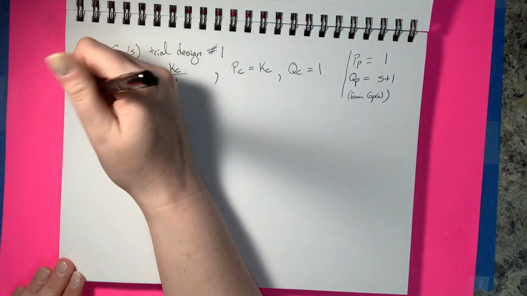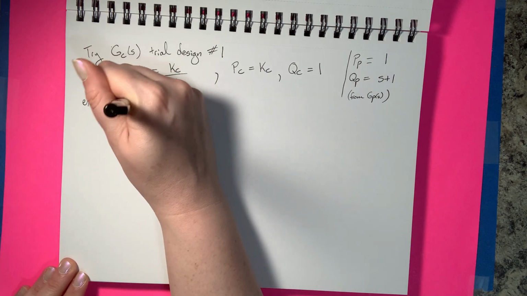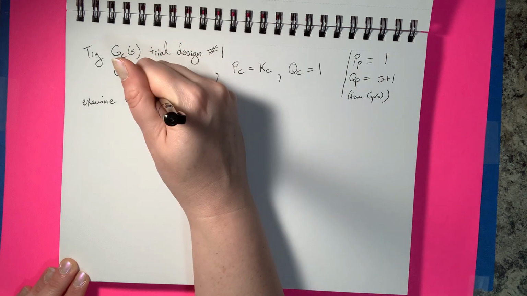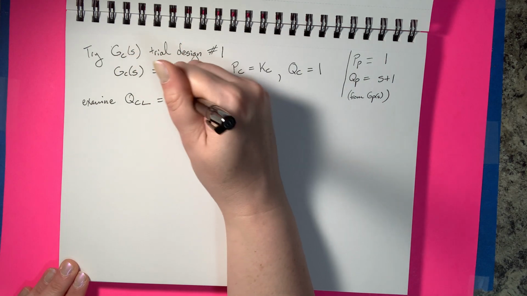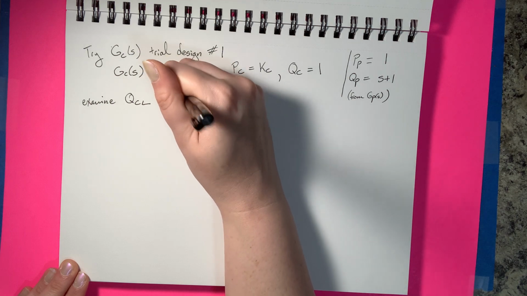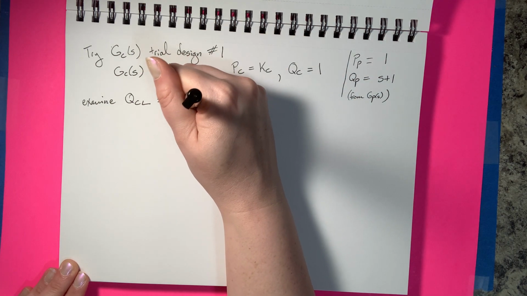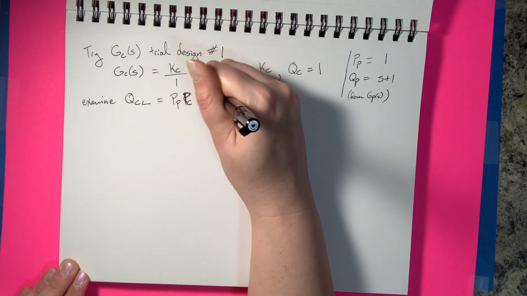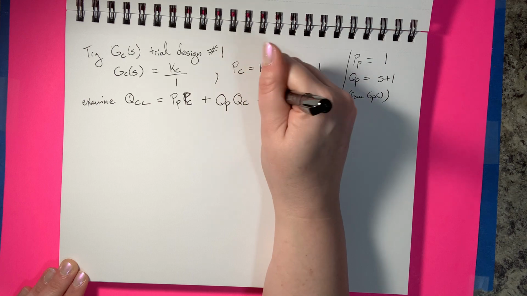Okay, so let's examine our QC. So P sub P times P sub C plus Q sub P times Q sub C equal to 0.